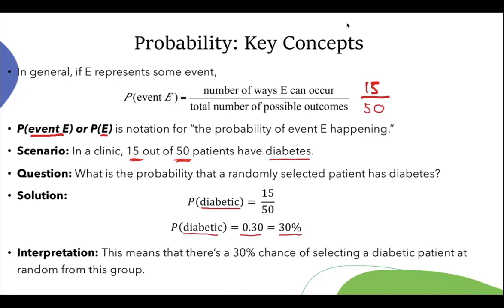Okay, so the interpretation of this: there is a 30% chance of selecting a diabetic patient at random from this group. The total number of ways the event can occur divided by the total number of possible outcomes.